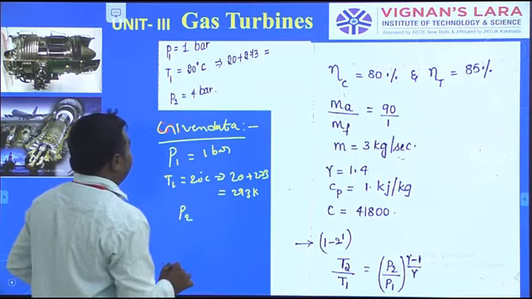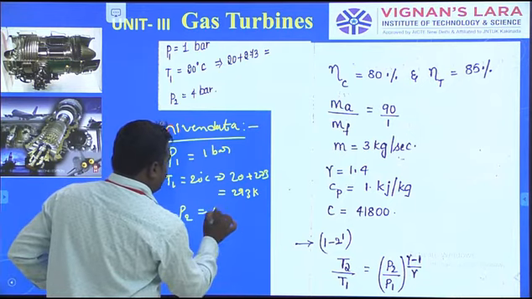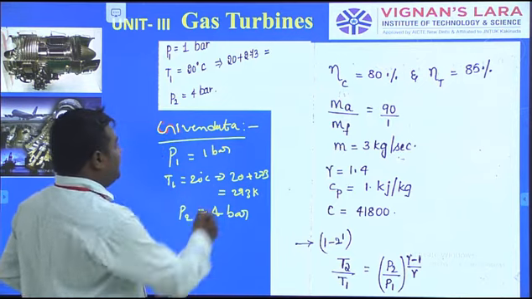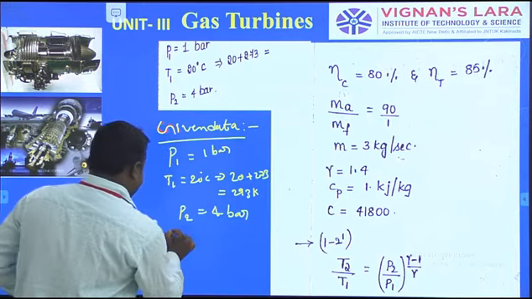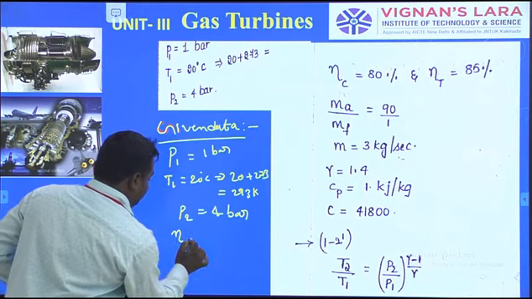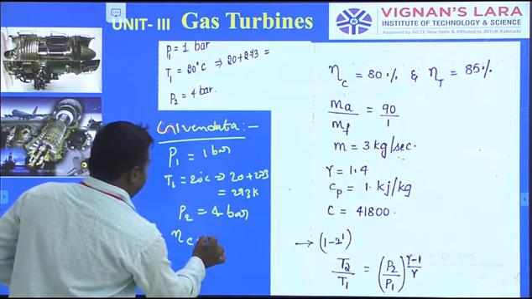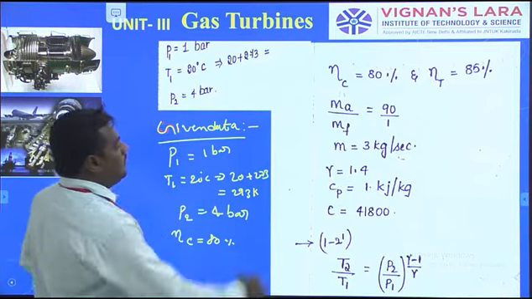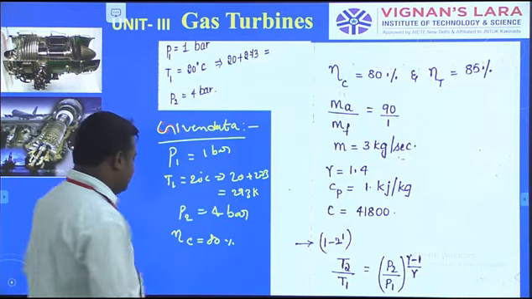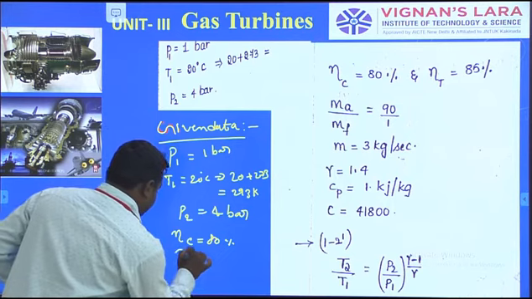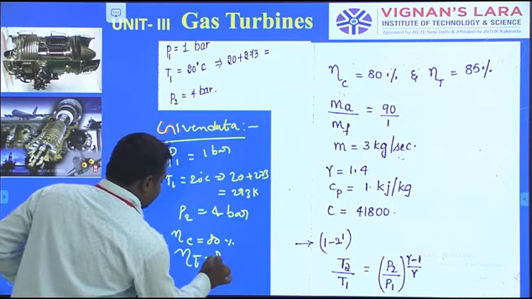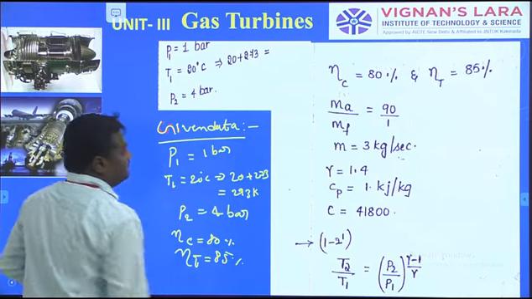Then P2, pressure 2, is already given, equal to 4 bar. Then the thermal efficiency of the compressor we have to write here, that is 80%. Then the thermal efficiency of the turbine is 85%.